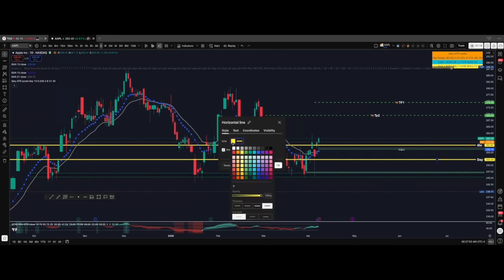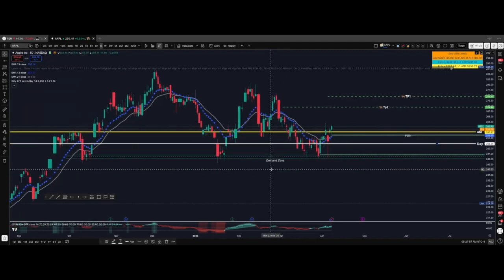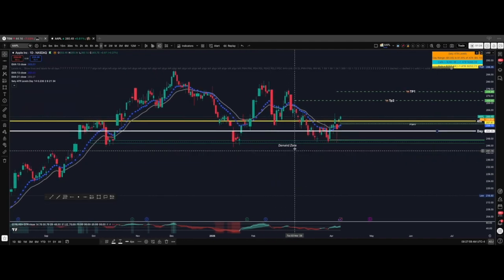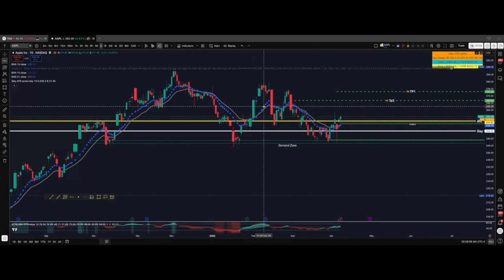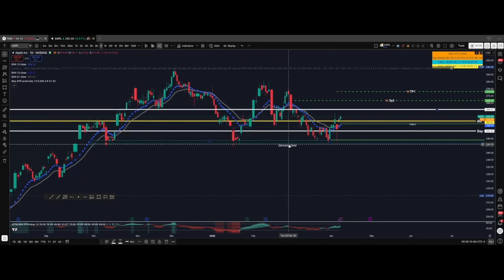And let's change that to white. So we have a line right there, and we need one above price, and that's another one right about there.